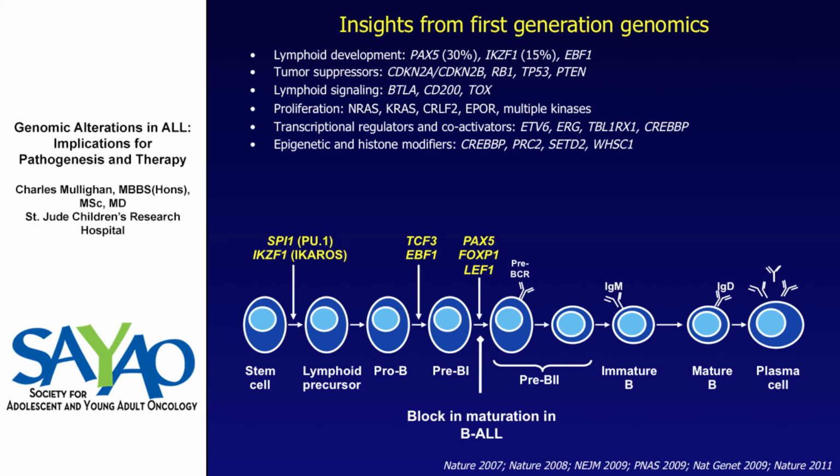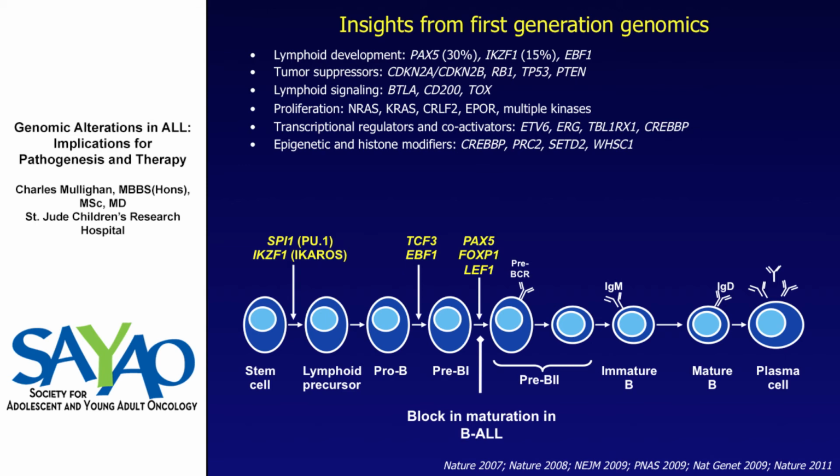But many of them now fall into logical groups, such as tumour suppressor genes, such as the INK4/ARF complex, P53, particularly in relapse leukemia, many proliferative genetic changes in RAS, cytokine receptor and kinase signaling pathways that I'll come to in a moment, as well as some other changes that we don't understand mechanistically well yet at all, particularly involving transcriptional regulators and transcriptional coactivators.